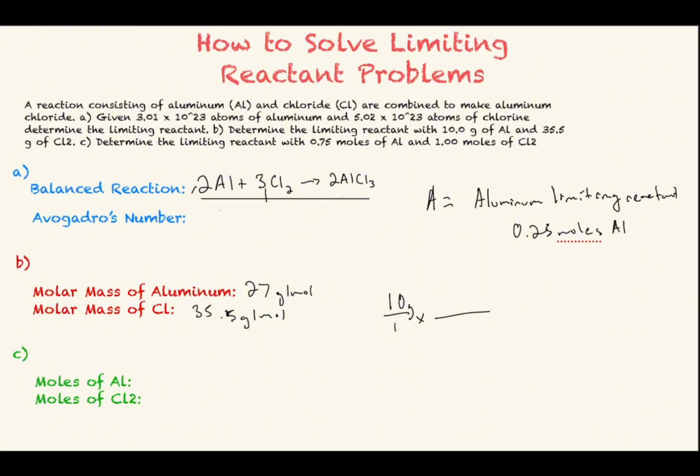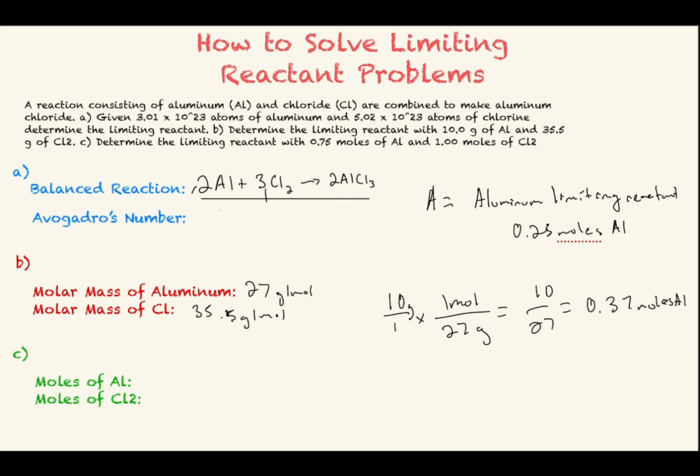We need to get to a mole value, so we're going to use 27 grams on the bottom, and we'll have 1 mole on top. And then we'll just do 10 divided by 27, which gives us 0.37 moles of aluminum.